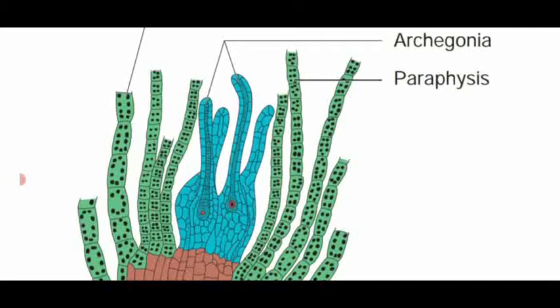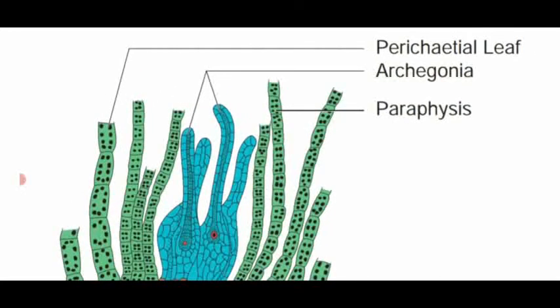The venter cavity is made up of the venter canal cell and egg. Then the slender stalk-like portion which arises from the base of the venter is known as the neck. This neck is also made up of neck canal cells. Through the neck canal cells only, the anthrozoids reach the venter.